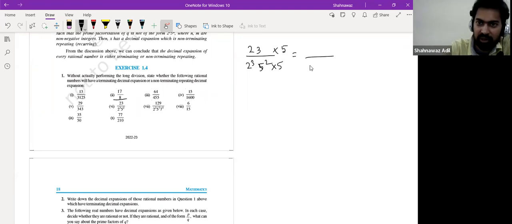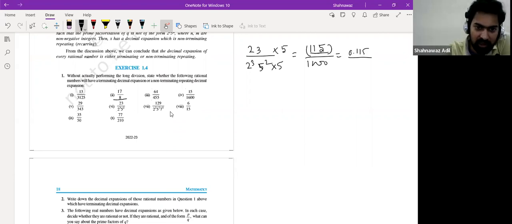So the denominator will be 1000, and the numerator is whatever. So this is 0.115. Yes, sir. So this is how you calculate the decimal expansion, right?